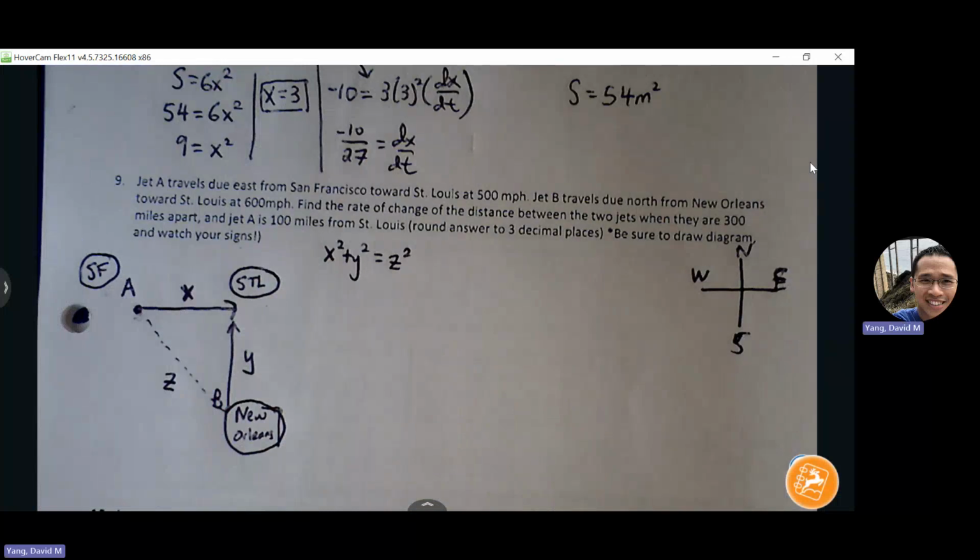How did you draw yours? I just thought the line going down would be south, but never mind. Always, because they're telling us which direction the two jets are traveling, to meet at the same place. Yeah, they're both headed towards St. Louis. The diagram makes sense. Okay, Pythagorean theorem.